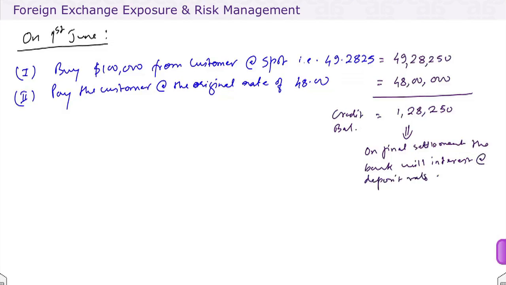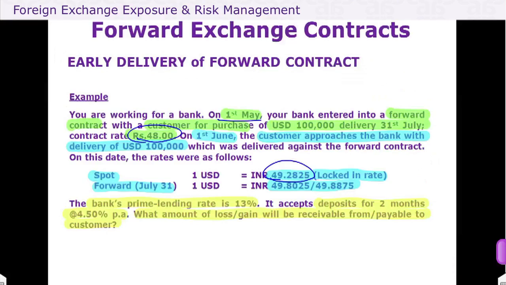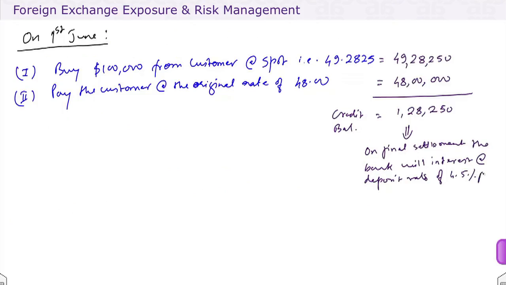Deposit rate of 4.5%, that is what is there in this question. The deposit rate for 2 months is 4.50 per annum, for 2 months.